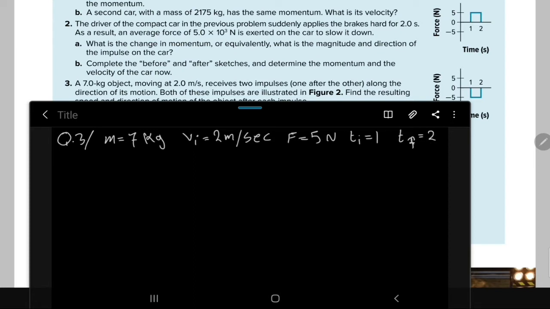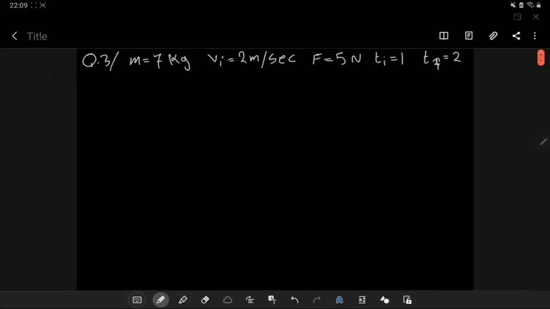So in the beginning, we will calculate delta T. Delta T equal to T final minus T initial, which is 2 minus 1, and delta T equal to 1 second.